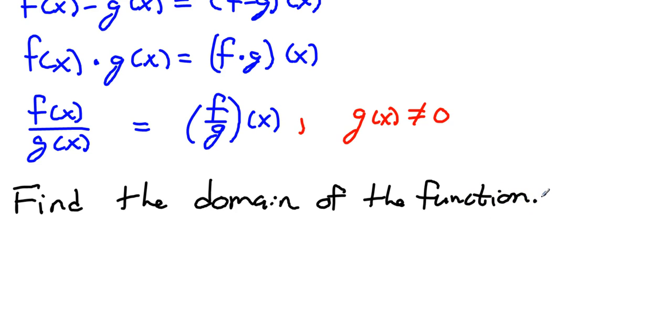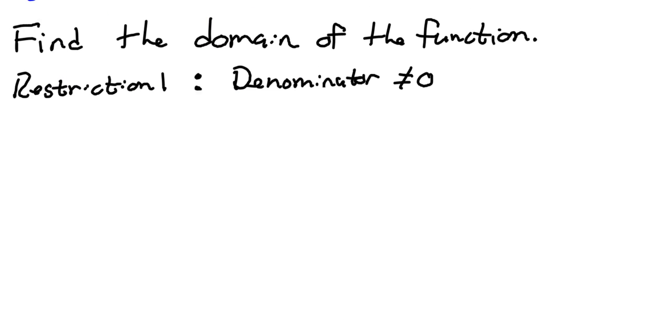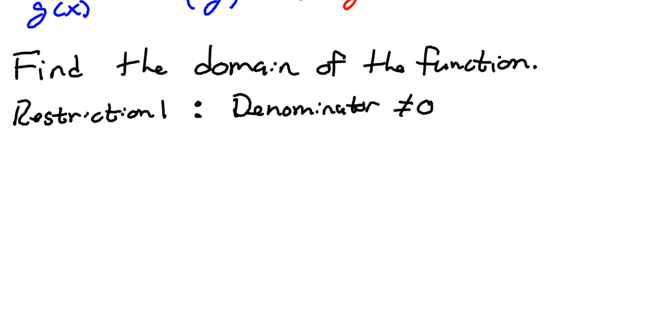And basically for this one, you've got two different restrictions you've got to worry about. The first one, probably the easiest one, is that your denominator cannot equal 0. Because if it equals 0, you get the error message on your calculator because you're dividing by 0.